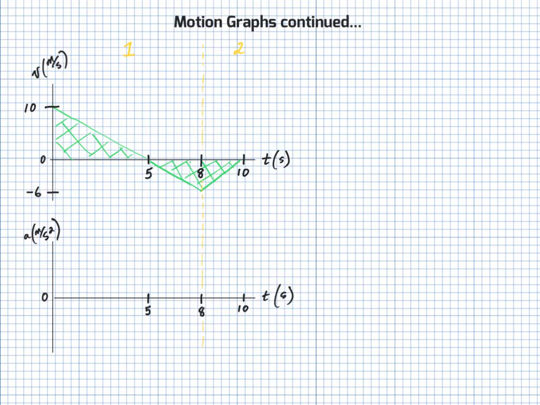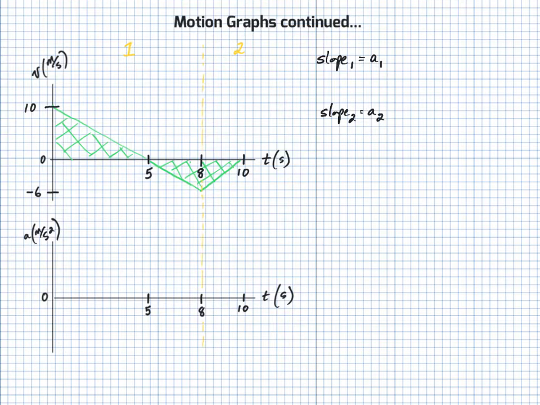For this graph, we have to find our slope in section 1, which is going to give us the acceleration in section 1, and we have to find the slope in section 2, which is going to give us our acceleration in section 2.